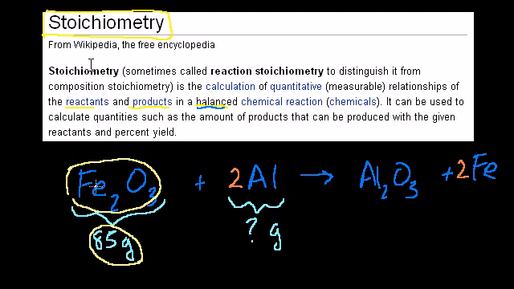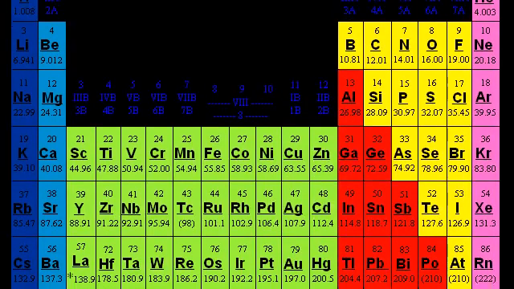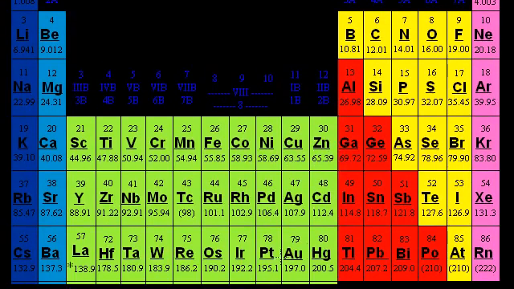What's the atomic mass, or the mass number, of this entire molecule? Let me do it down here. We have 2 irons and 3 oxygens. So let me figure out the atomic masses of iron and oxygen. Iron is right here, 55.85.